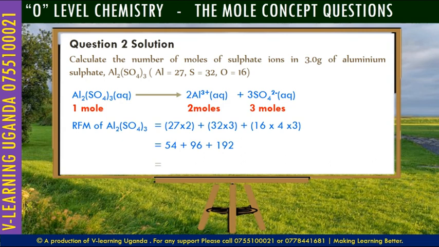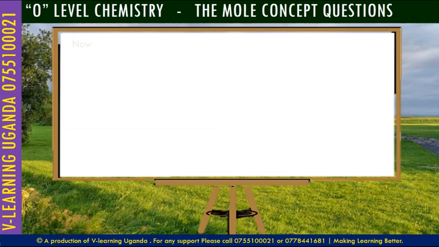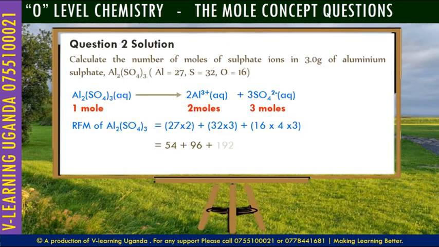When we add this all together, it gives us a total of 342. So 342 is the RFM, the relative formula mass of aluminum sulfate.